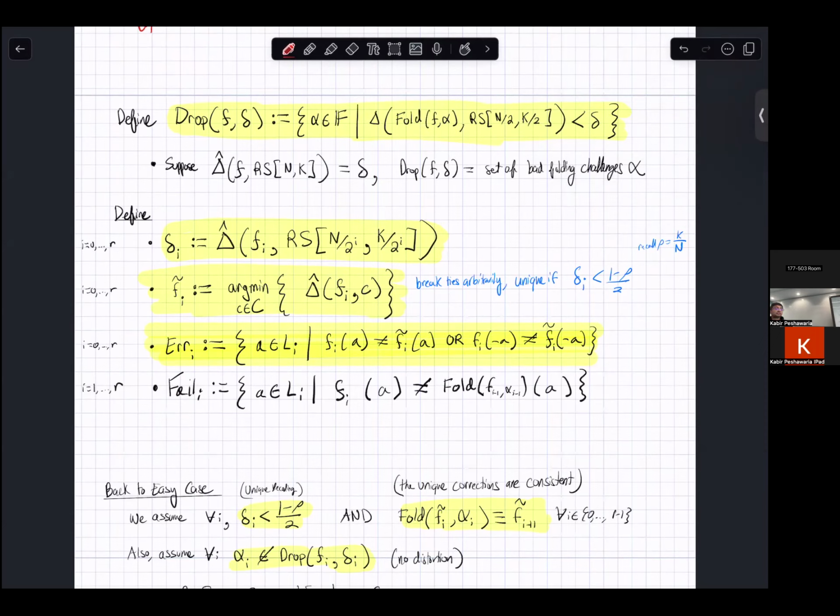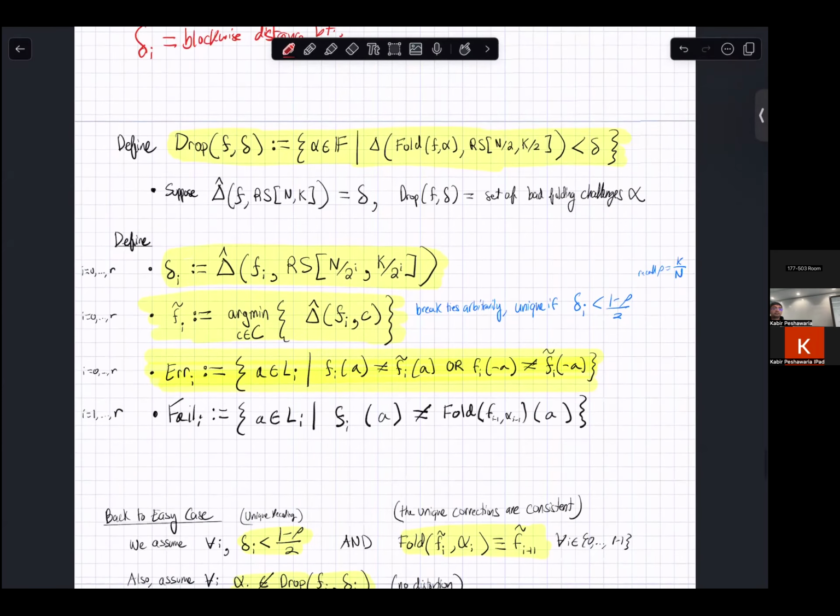Any other questions about these definitions? Before we move forward, I want to make sure that everybody is comfortable with what blockwise distance means versus normal distance. And I want everybody to be comfortable with this idea of the drop set. It's all the alphas that somehow, when you fold, you get worse distance than you had before.